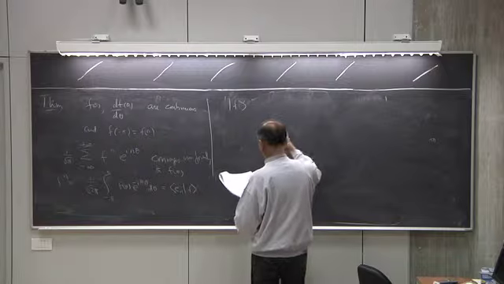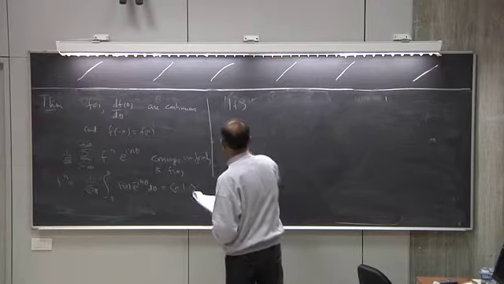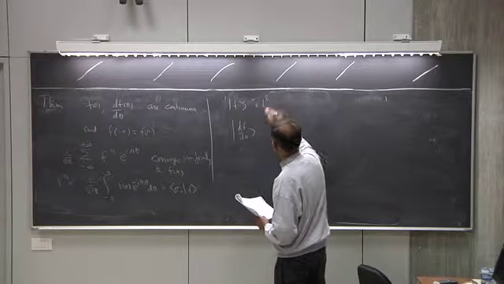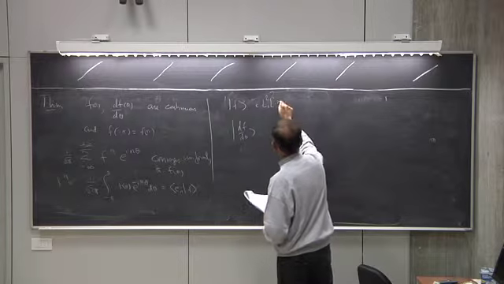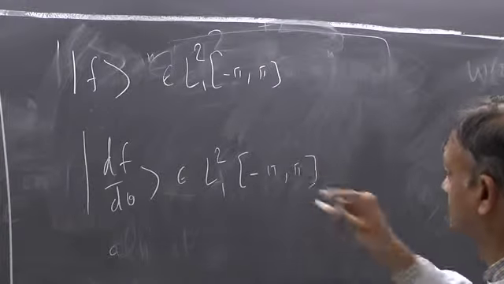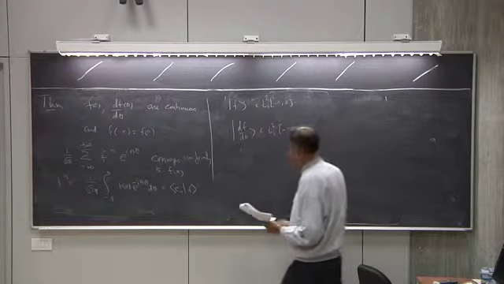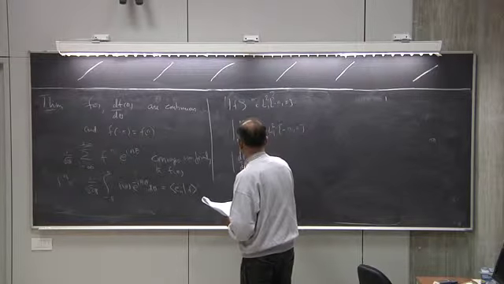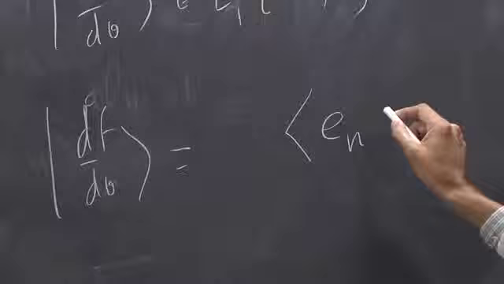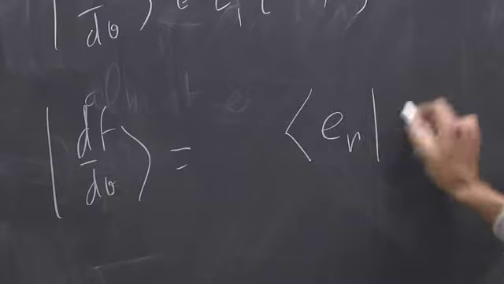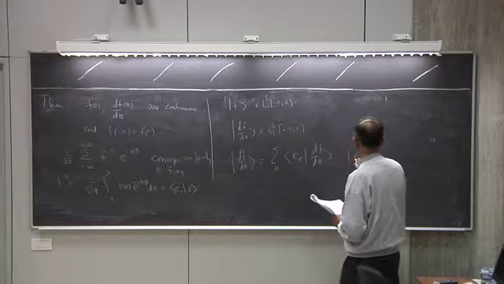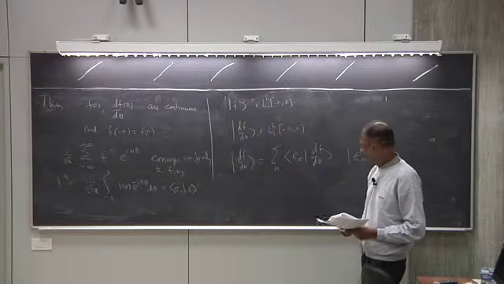Similarly for df by d theta, there will be a corresponding vector df by d theta in L2. So these are in L2 spaces, minus pi to pi. Then let's consider this df by d theta. I can always write it in terms of this quantity, the sum over n of En df by d theta times En.